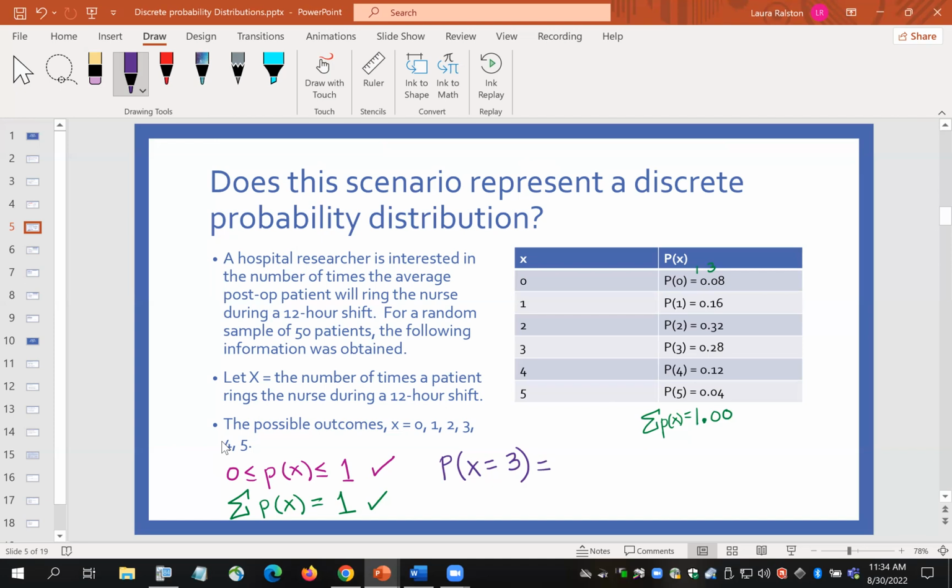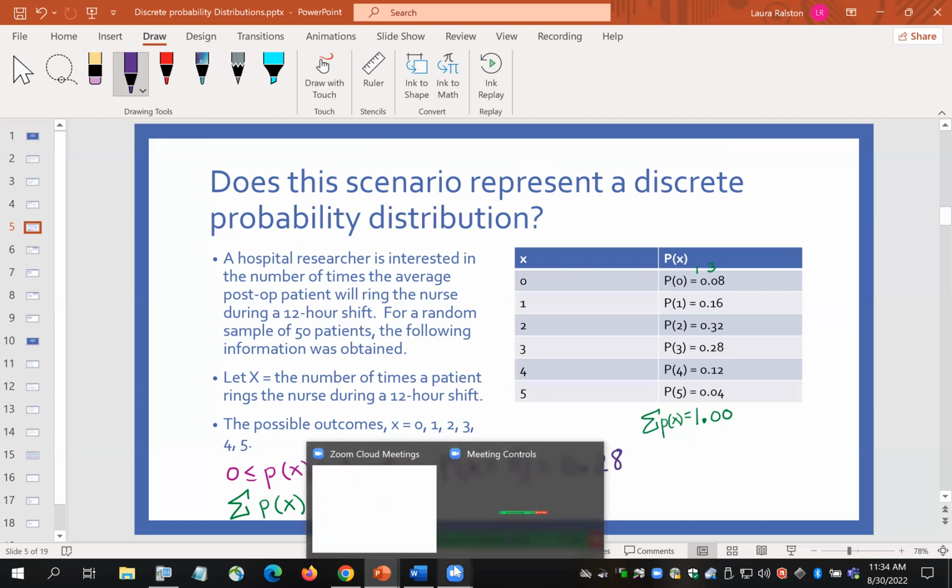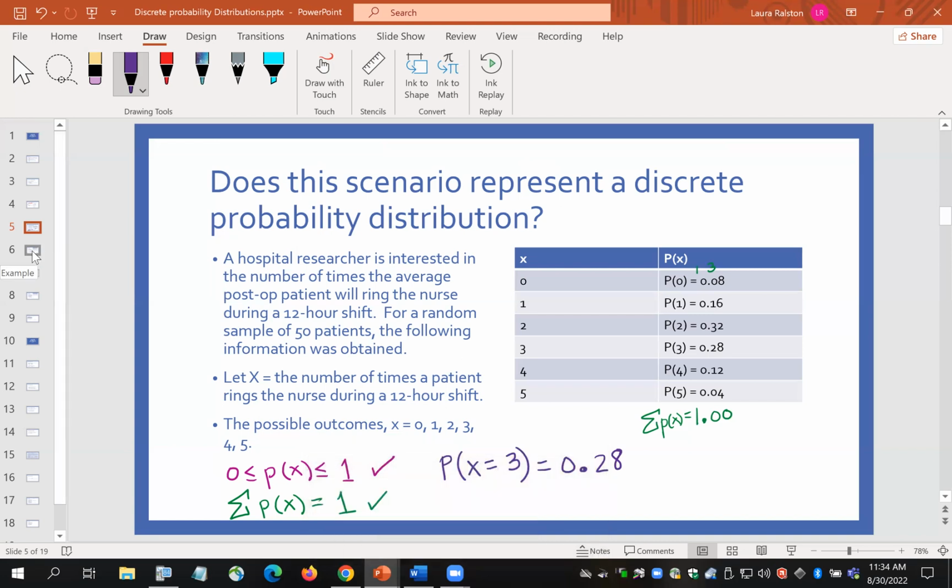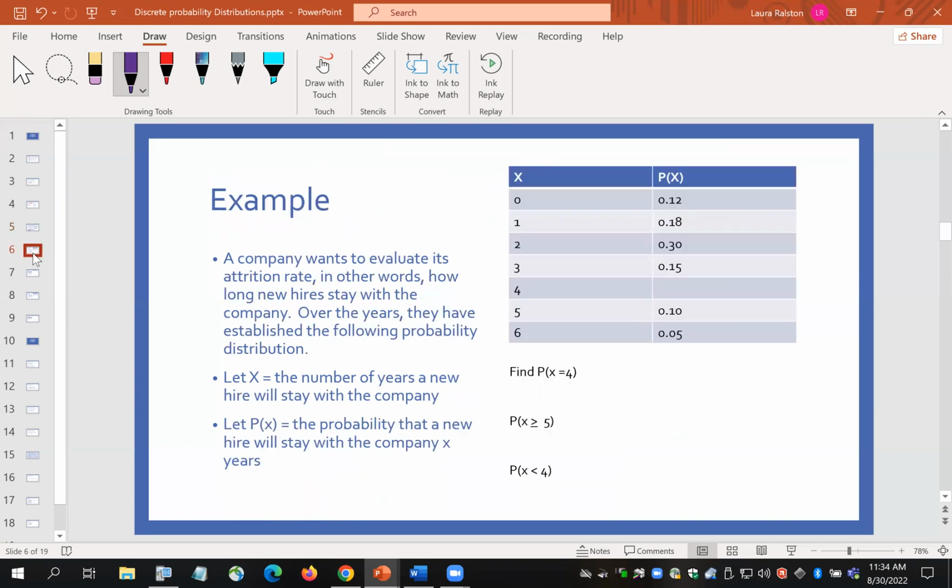Guys, don't overthink it, okay? Because basically they've given me the answer. I just have to read it off the table. It would be 0.28. Okay, let's go on to the next one.